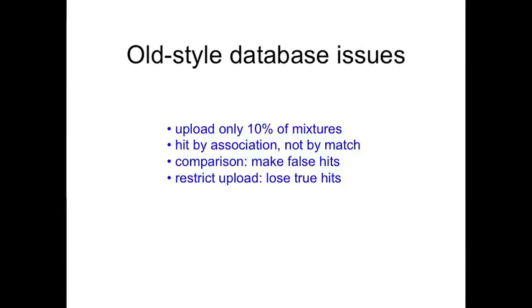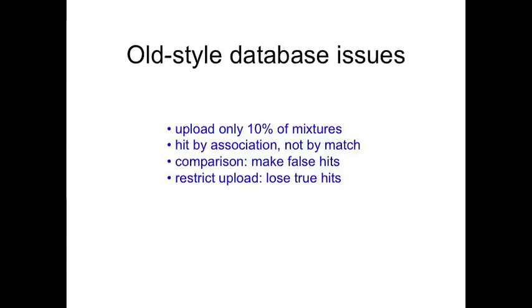The reason is they don't use much math. It's all done by association. They don't have probabilities and genotypes. They have alleles, these lists of peaks that are under or over thresholds. And when they make comparisons, because it's being done by association, not by match statistics, they can make a lot of false hits once the data gets a little bit fuzzy, a little bit ambiguous with more alleles.